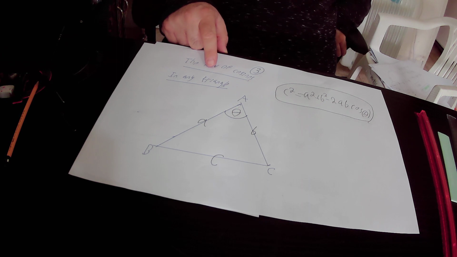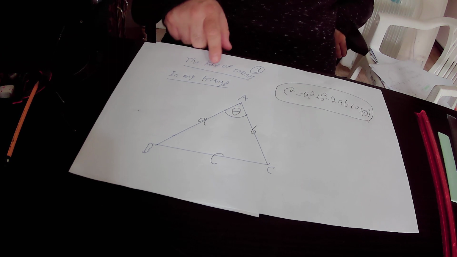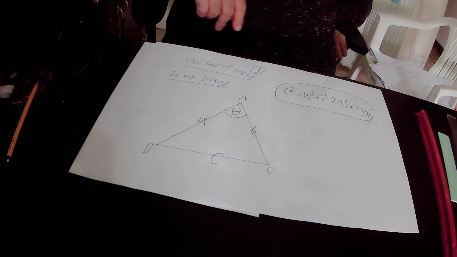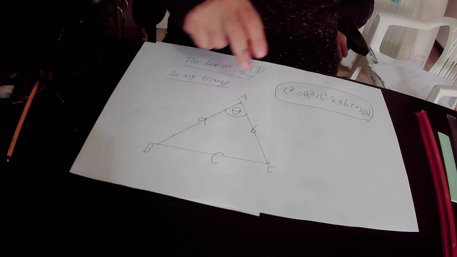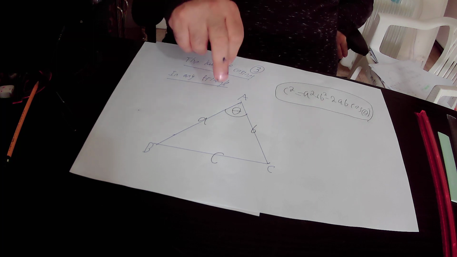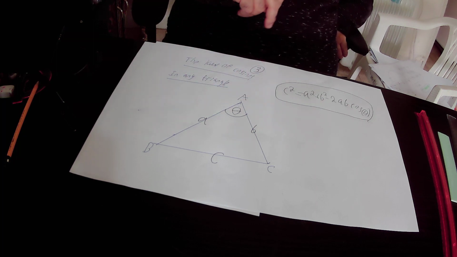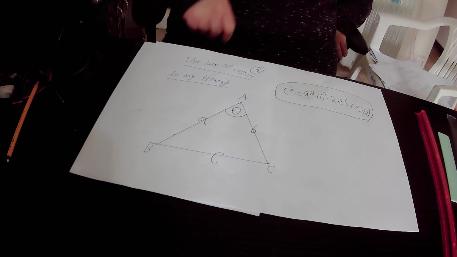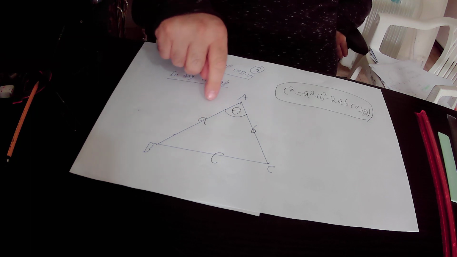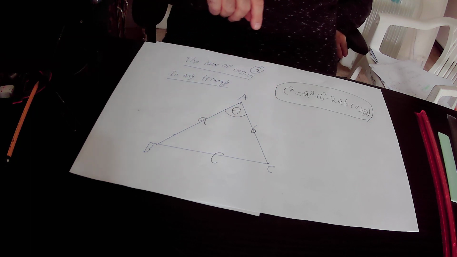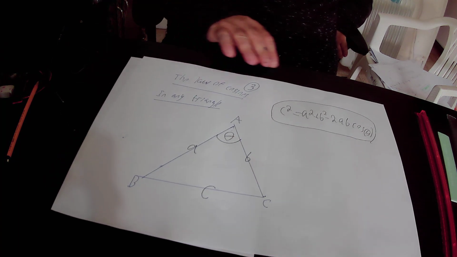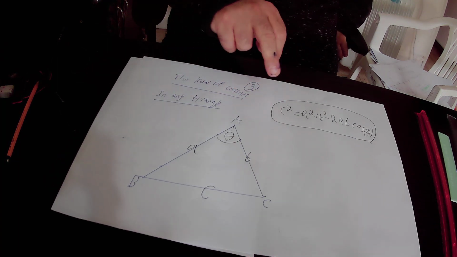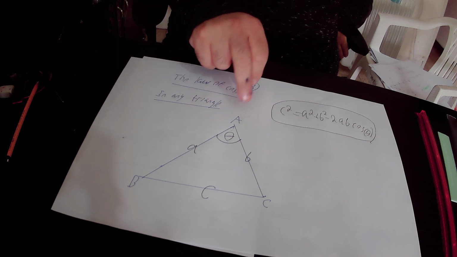So if you have triangle ABC, that could be any triangle, side AB equals A units, side AC equals B units, and side BC equals C units. And the angle between side AB and side AC is theta. Then according to the law of cosines, C square equals A square plus B square minus 2AB times cosine theta.